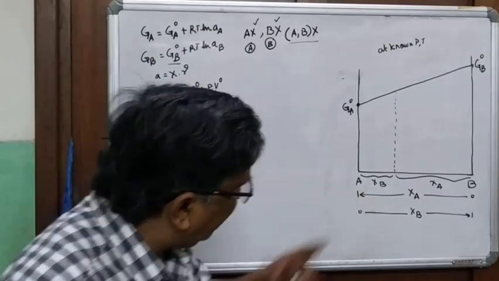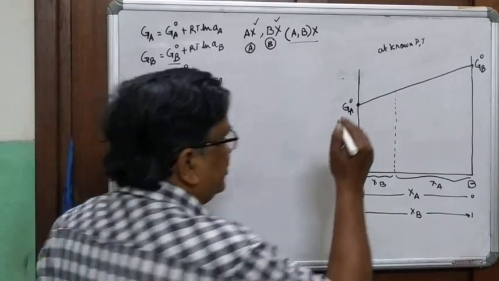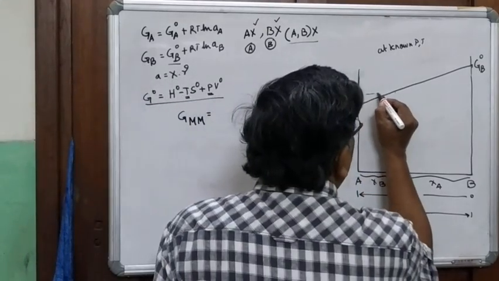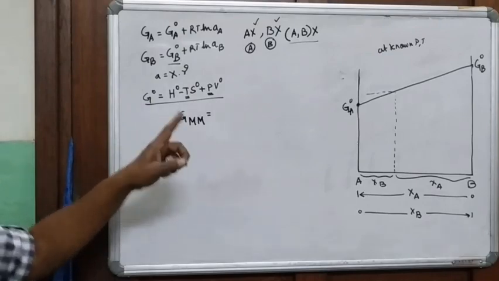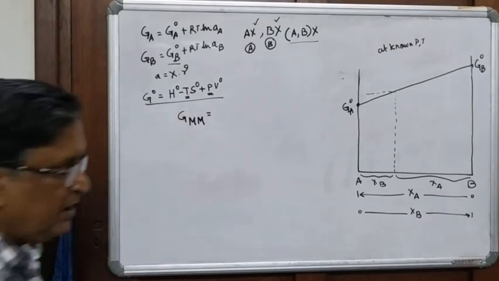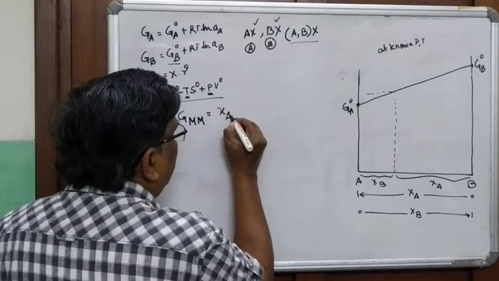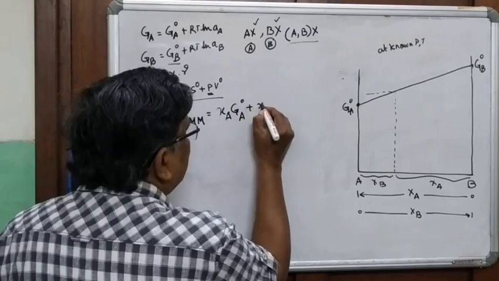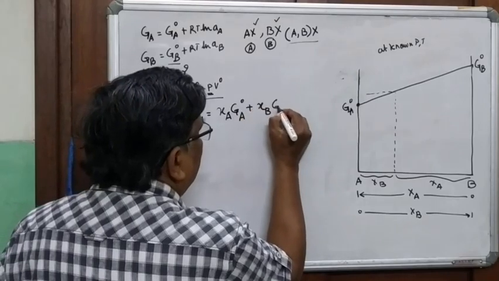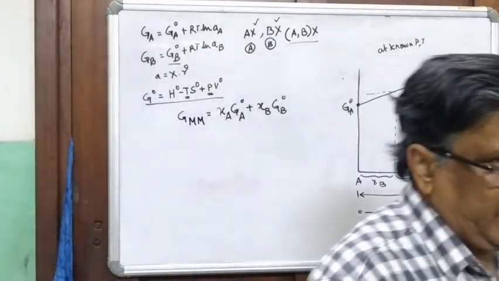So if we want to find out the free energy value, what will it be? The answer is very simple. You have XA into GA0 plus XB into GB0. This is what it will be.